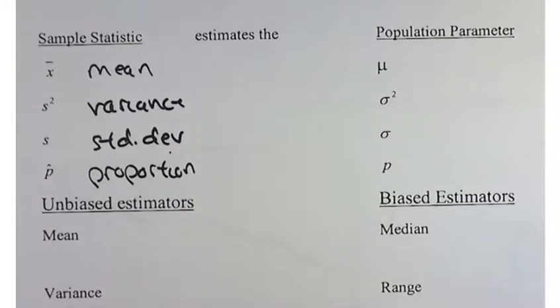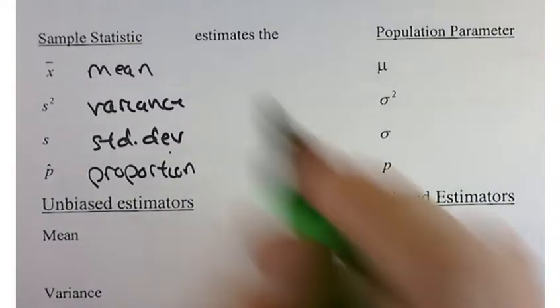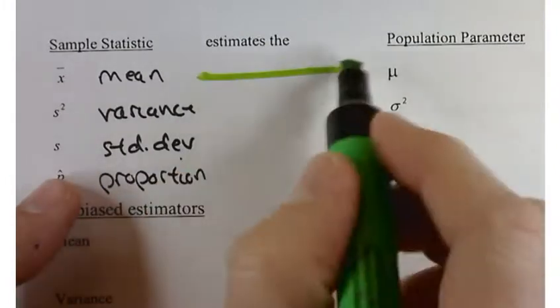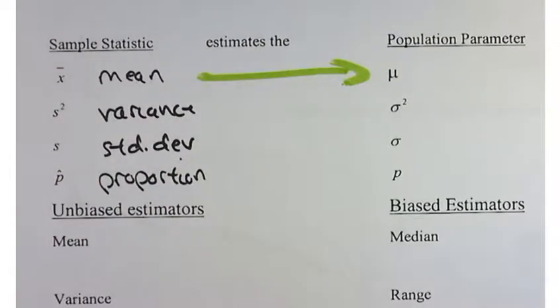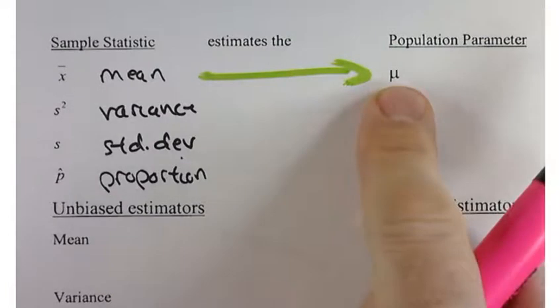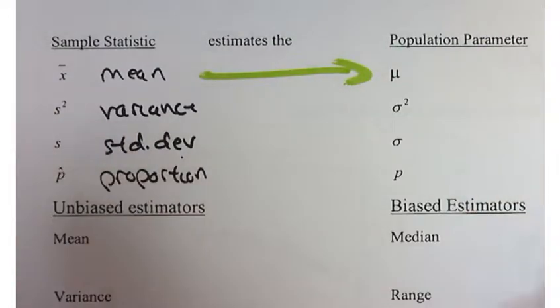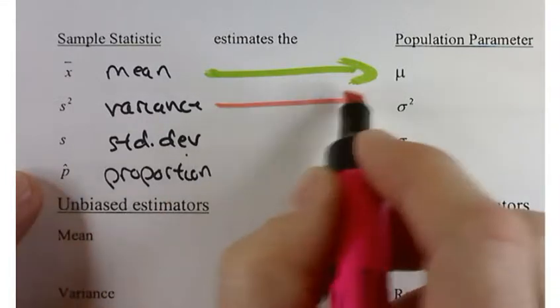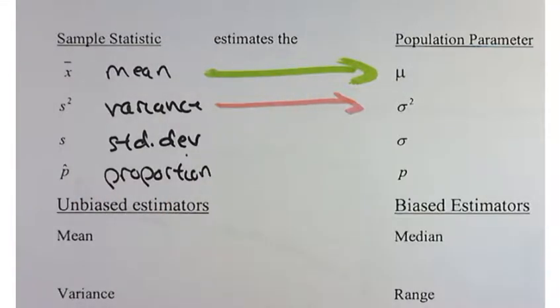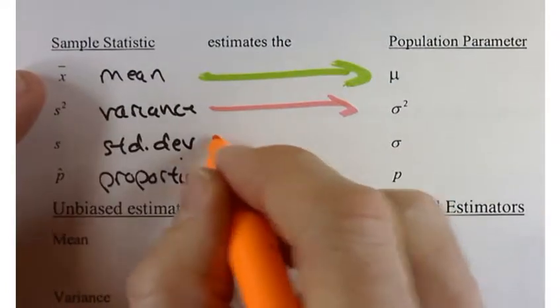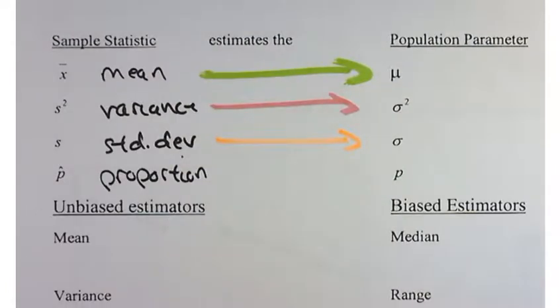Now these are sample statistics, and what we're hoping is that they're good estimates of the population parameters. That is, the mean is a good estimate of mu, the population mean, or that S squared is a good estimate of the population variance. S is a good estimate of sigma, population standard deviation.